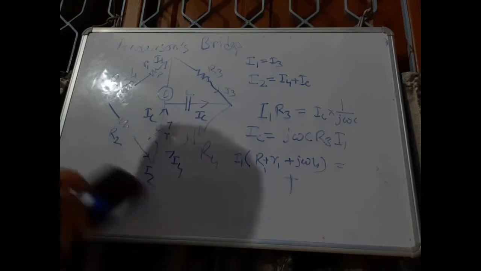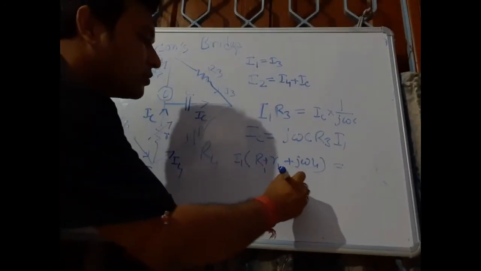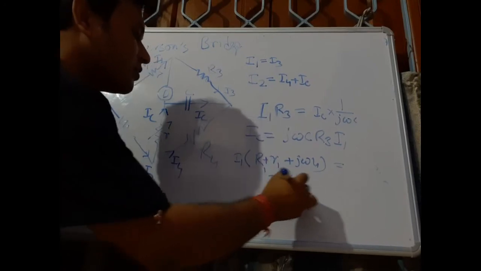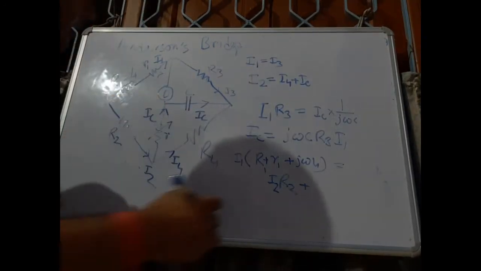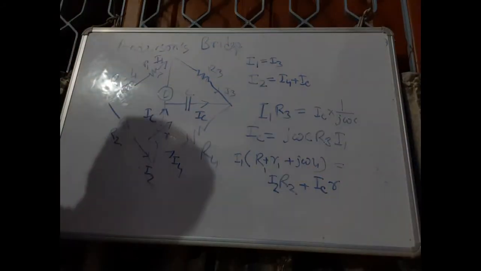There is no inductor. So I2 into R2 plus this circuit IC into R. This is one formula.